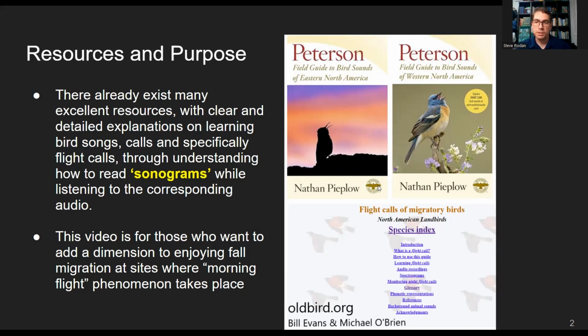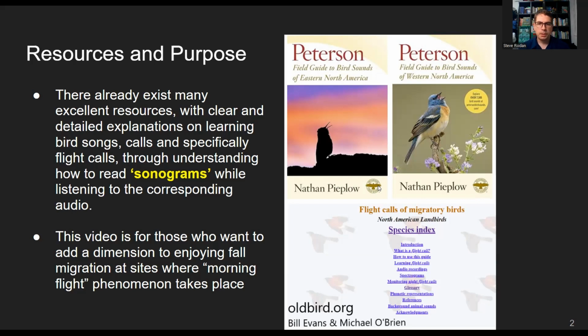And if you're new to this field, I think these are one of the best places to start. I think he describes very well the different aspects of sonograms or spectrograms and how to read them while listening and learning calls more effectively, along with mnemonics and other tricks, basically.